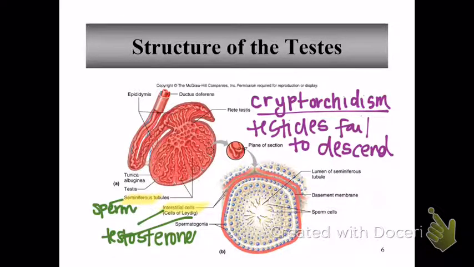Cryptorchidism is failure of the testes to drop, and they can do surgery to go into the male and pull them down. However, if it's not surgically fixed, the male will be sterile, and what that means is you can't have children. So sterile, just know that word. Can't have children. They can't reproduce. So if you do have cryptorchidism, there are times, if they don't drop, they can be surgically fixed, but if they're not fixed, then the male won't be able to have children.